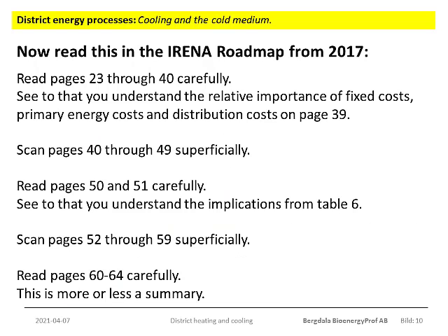Now you should read section 2.3 through 3.3, starting on page 23 and ending on page 40 in the IRENA Roadmap report. There are a number of case studies and a number of technology examples, and what you should do is make sure that you fully understand the implications and the way to think and prepare when you want to consider a new installation.